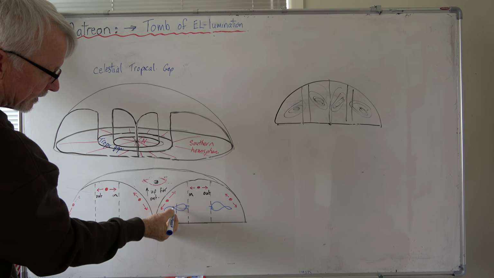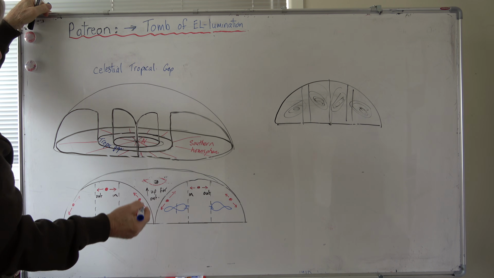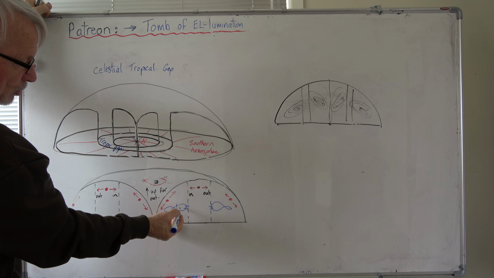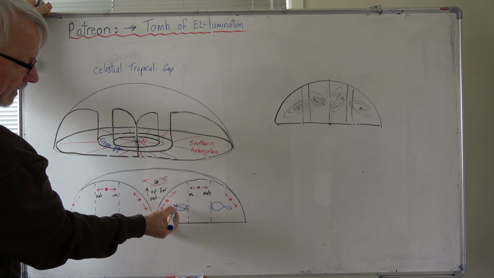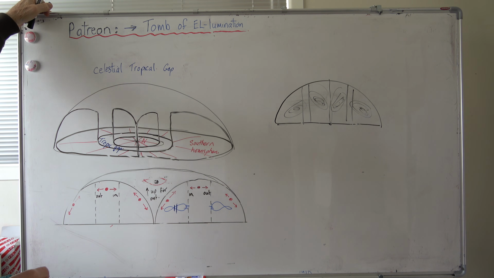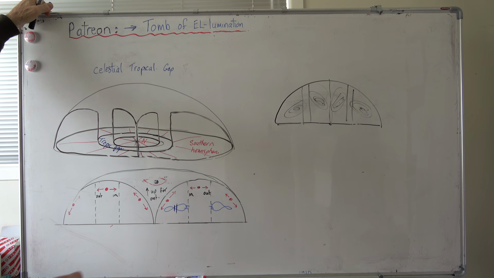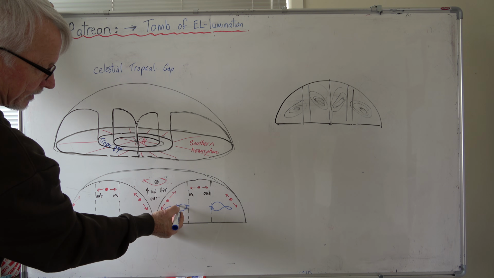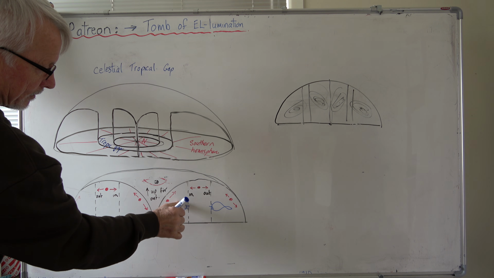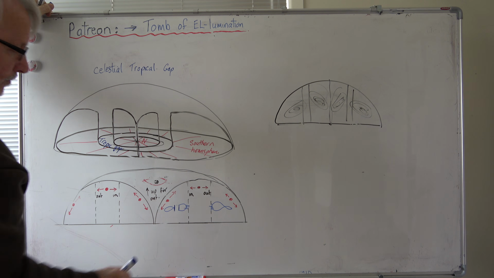That's 50-50 there when the field is balanced at that time of year. But the tropical gap is basically between here and there. Okay? That is Cancer, and then you've got Capricorn. Well, you could say it's further out here, Capricorn. Tropical gap.